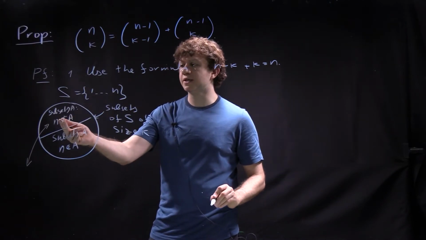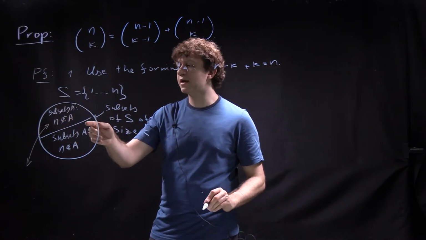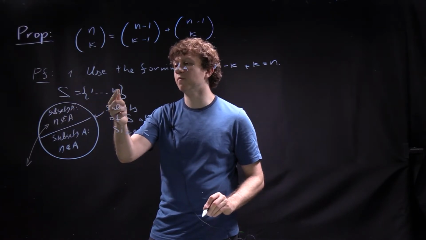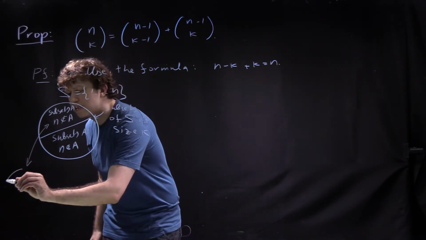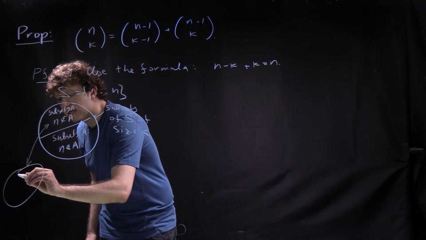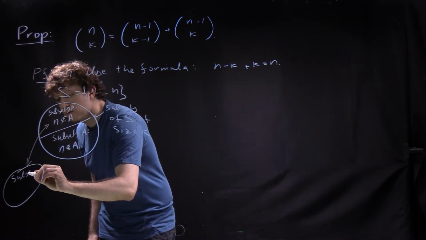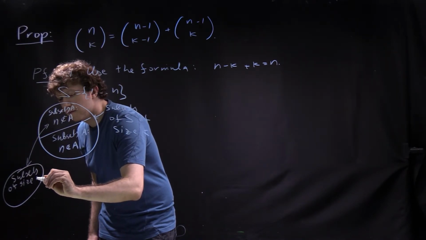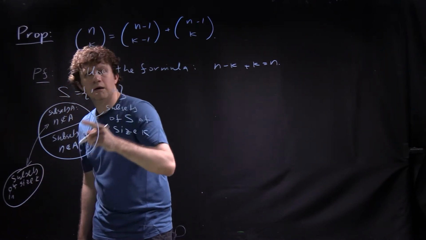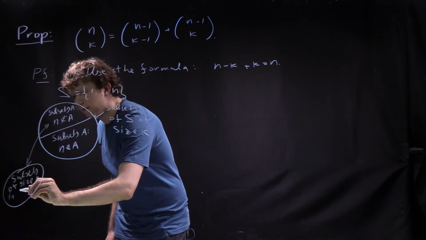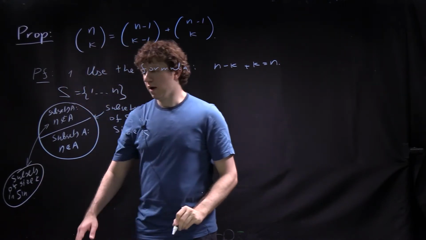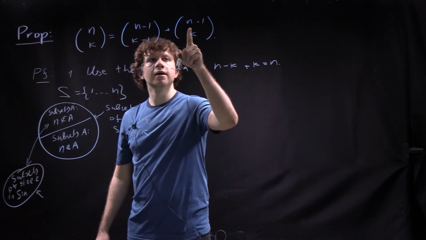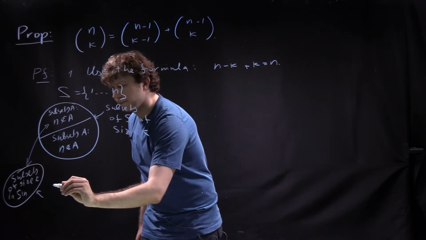Subsets not containing n, you can just forget about n, and these will be subsets of the same size inside the set S without n. So this is in bijection with subsets of size k in the set S without n. And of course, the cardinality of this one is exactly n minus 1 choose k.